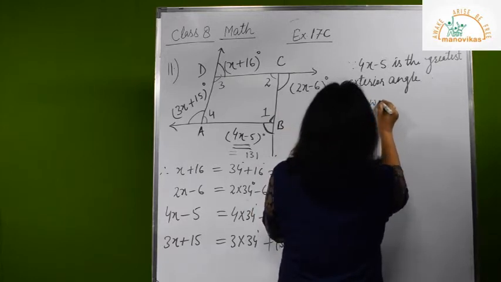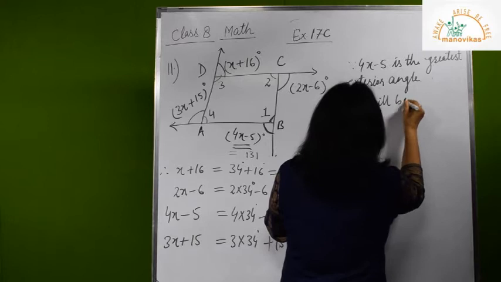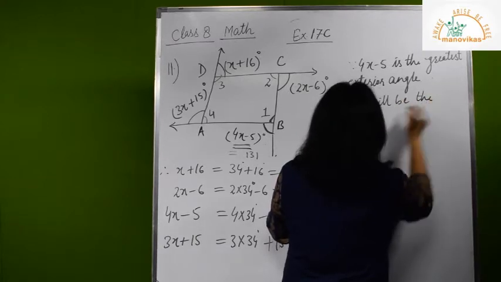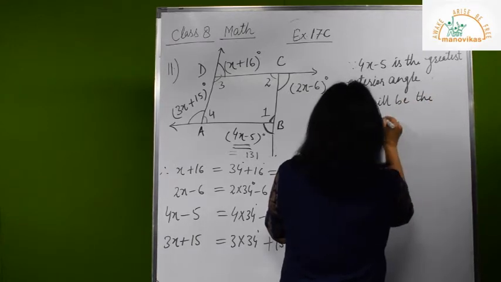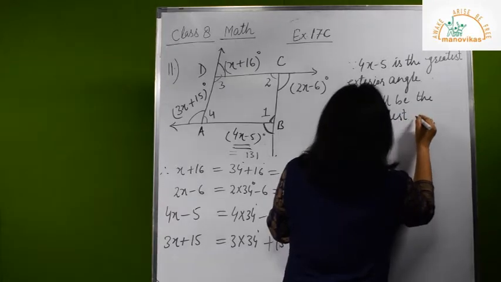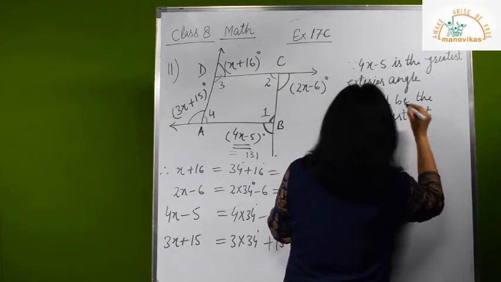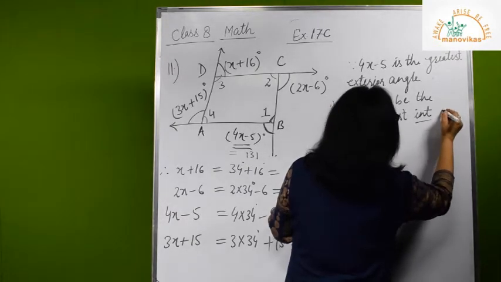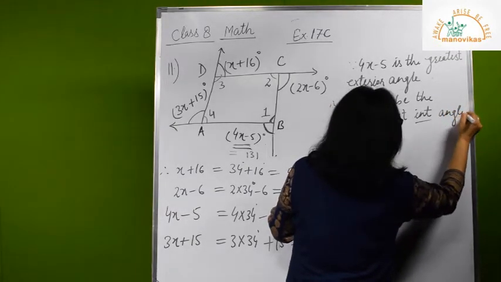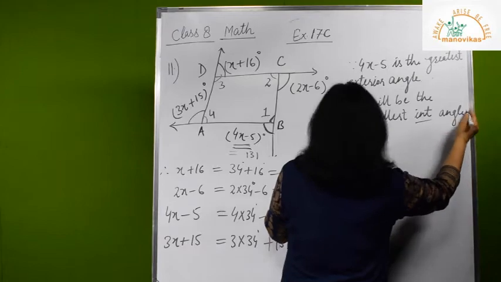Angle 1 will be the smallest interior angle. Okay. Smallest interior angle. This is mandatory to write, interior and exterior. Smallest interior angle. Now, what to do?